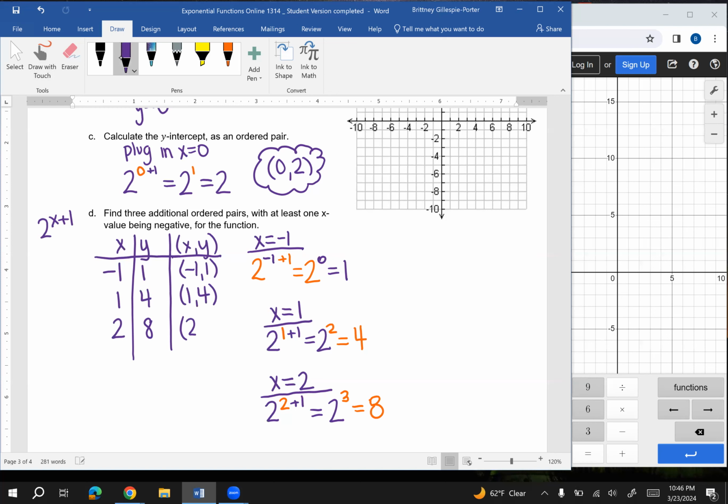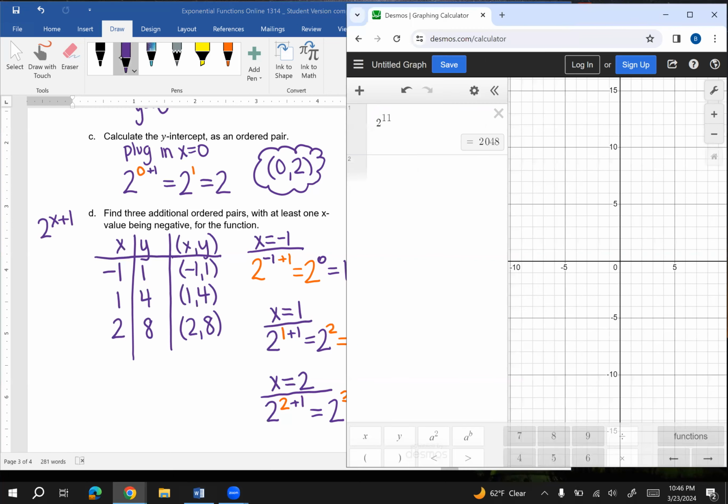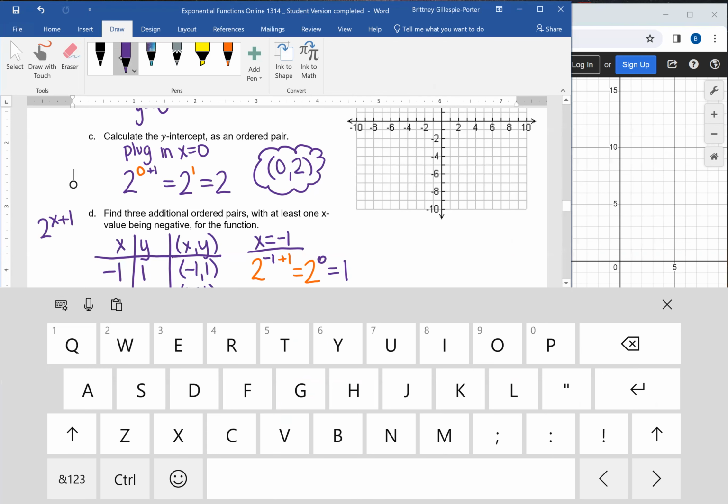Meaning we just found the ordered pair (2, 8). And it's going to keep getting bigger the higher that you go with your x's. By the time that you hit x equal to 5, you'll be at 64 for your y value, which is why I said that we should keep it smaller.